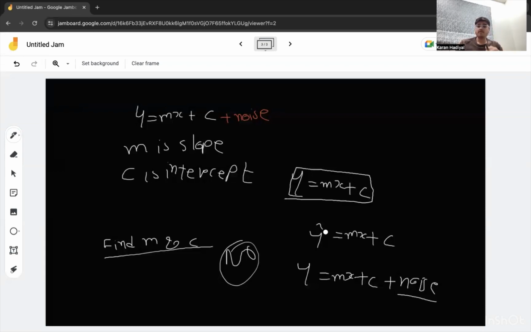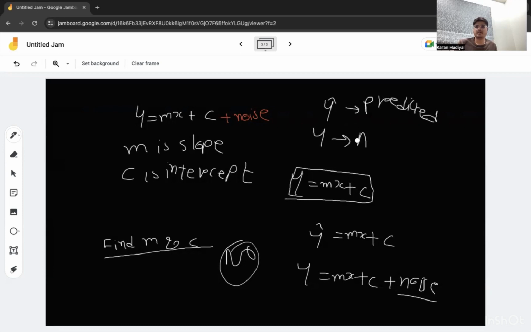Think about what we are saying: we are building a model which predicts the price from the mileage, and because it is linearly dependent, we can write this predicted value. Y hat is predicted and y is actual.